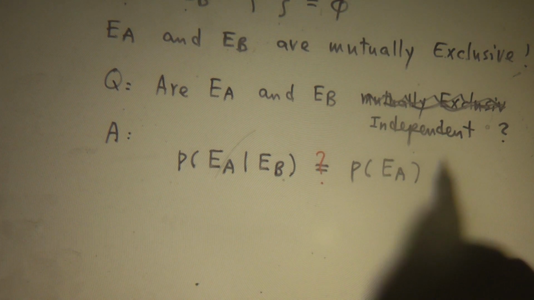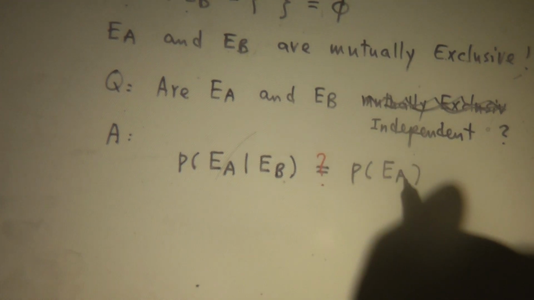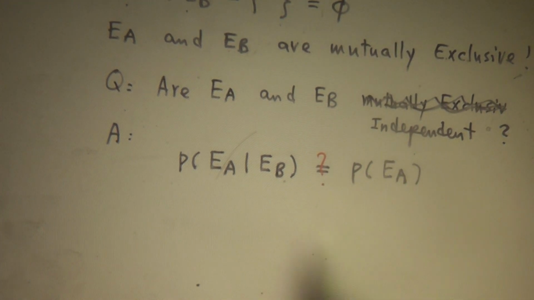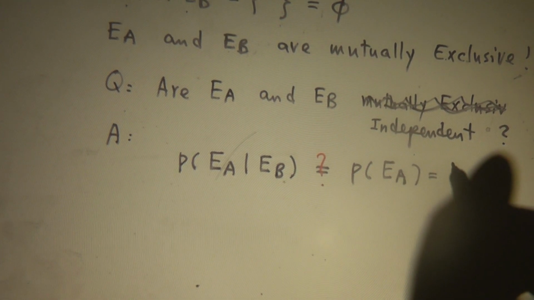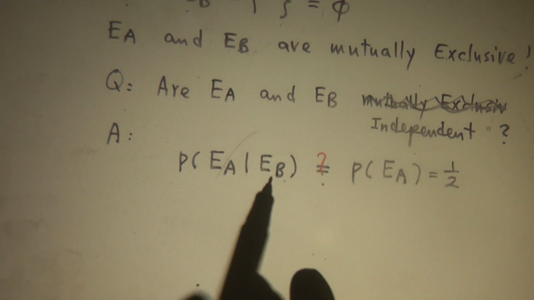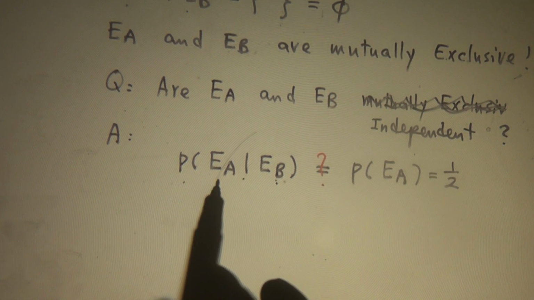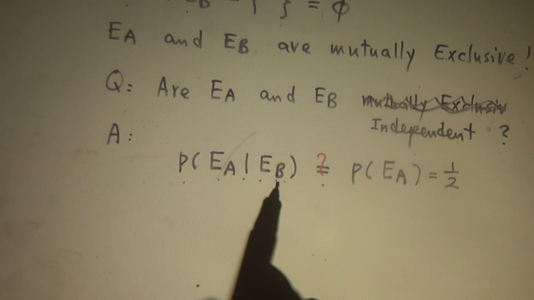Now, let's begin with the unconditional probability of E_A. The probability of observing a head. Since the given coin is a fair coin, this chance is 50%. Next, let's look at the conditional probability. Given that E_B has occurred, what is the probability of E_A? E_B is the event that we see a tail.